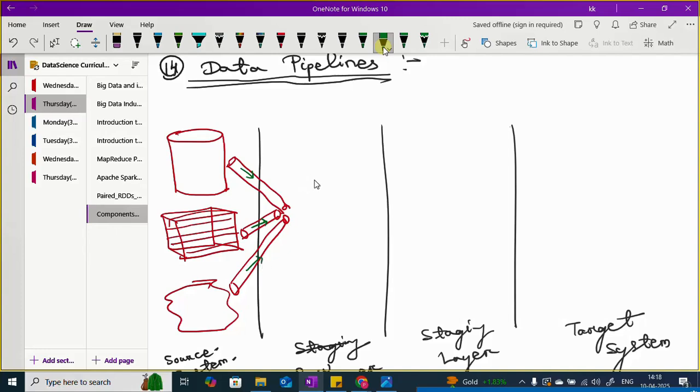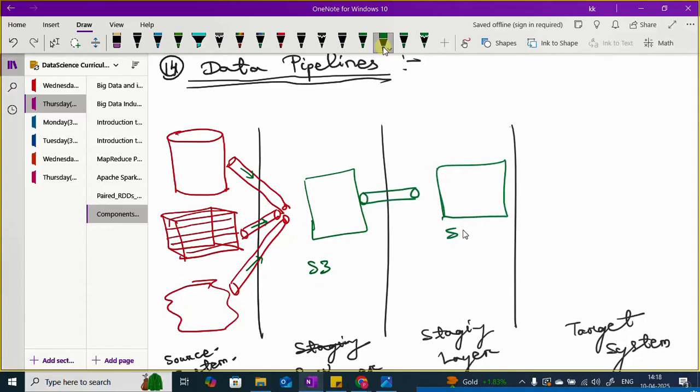Now here, let's say we are using Amazon S3. Then again, I'm creating a data pipeline from here. It will go and store into, let's say, again Amazon S3 in Parquet format or Avro format.